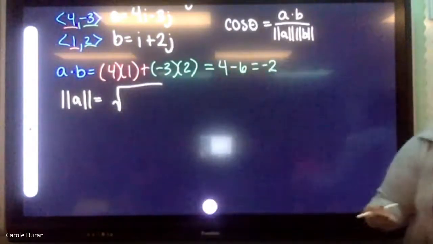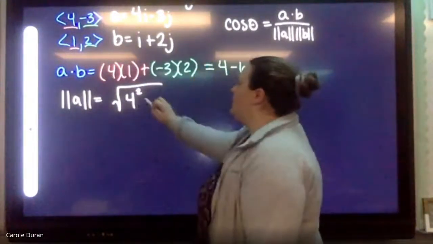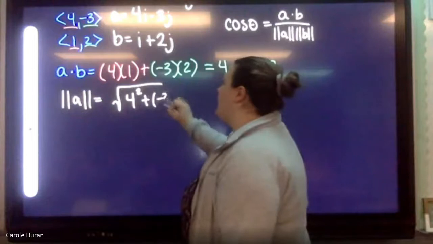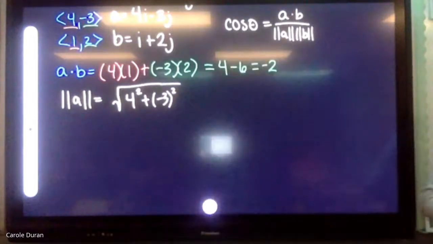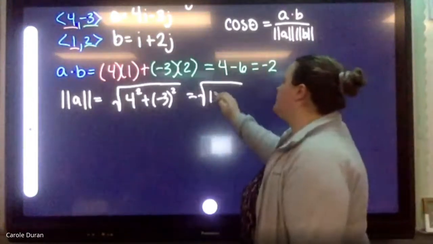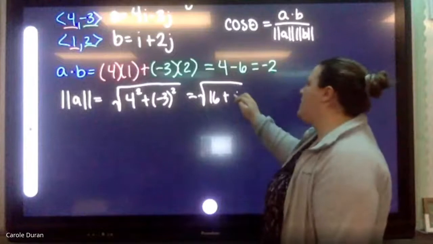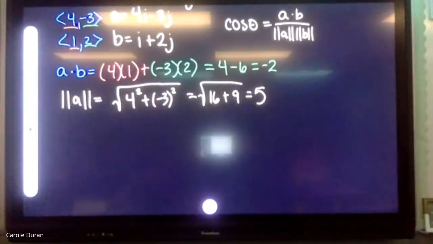I know it's starting at (0, 0), so that's equivalent to my x component squared plus my y component squared, adding them together and then taking the square root. 4 squared is 16, negative 3 squared is 9, gives me 25, which means the magnitude of A is 5.